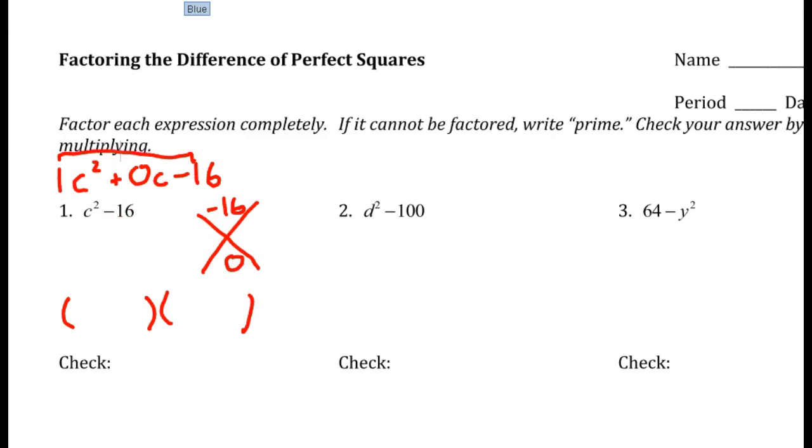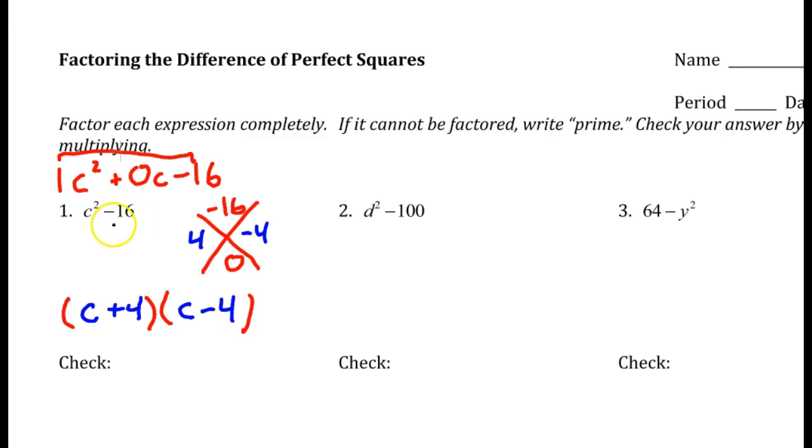Right? And it makes it a little bit easier to get those. So we got a 4 and a 4. So we end up with a c plus 4 and a c minus 4.